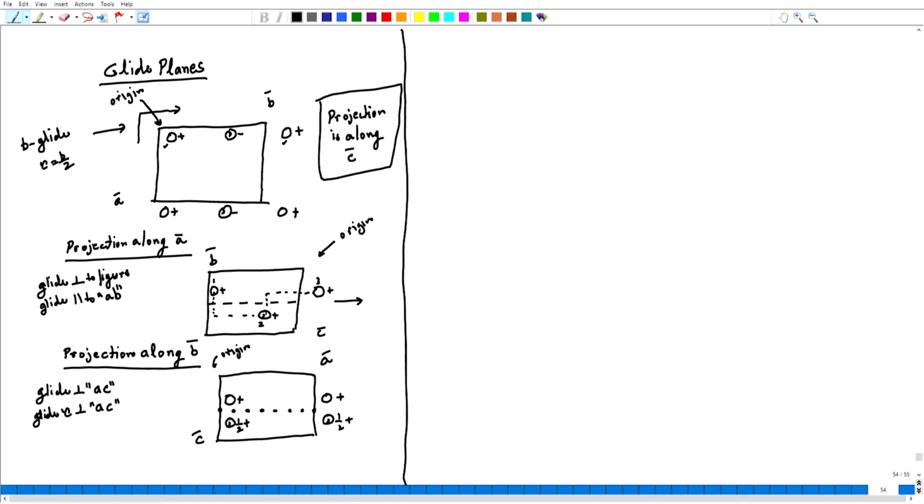These are different perspectives of how to display this, because once we know these perspectives, then we will be able to read the international tables. Now, similarly, as there is a B glide, in this case we are talking about a B glide, we can also have an A glide, which means the glide direction is A, or a C glide.